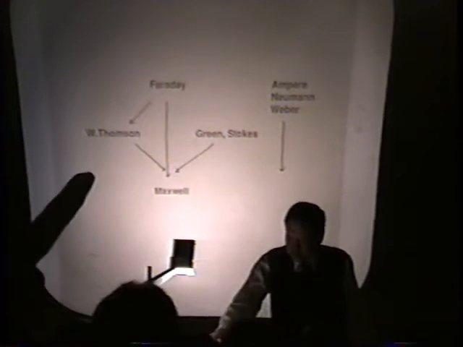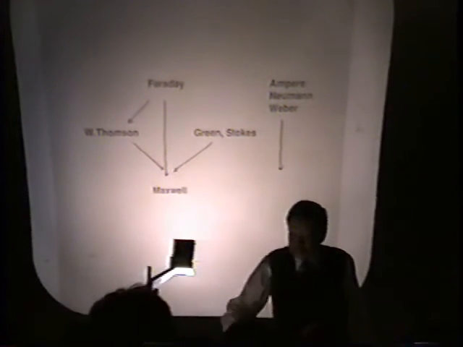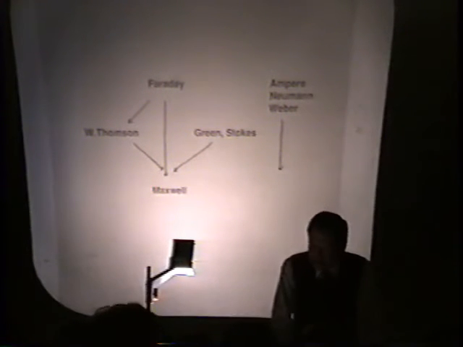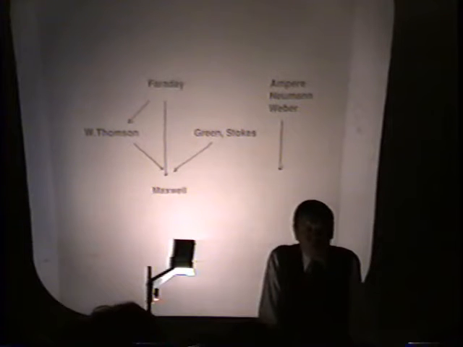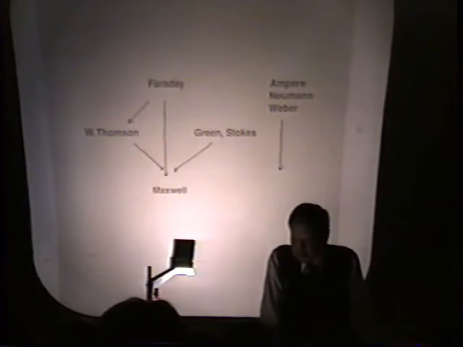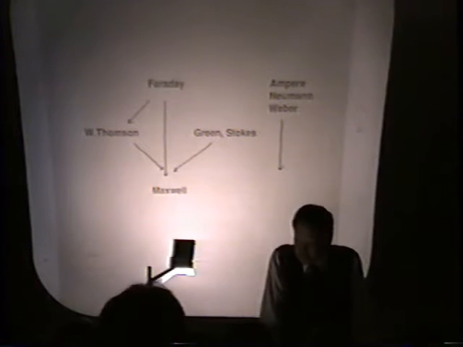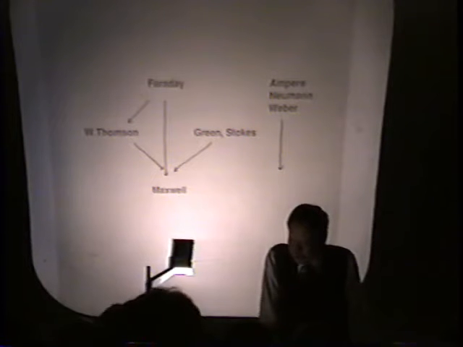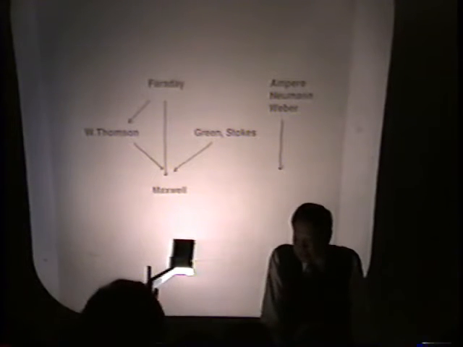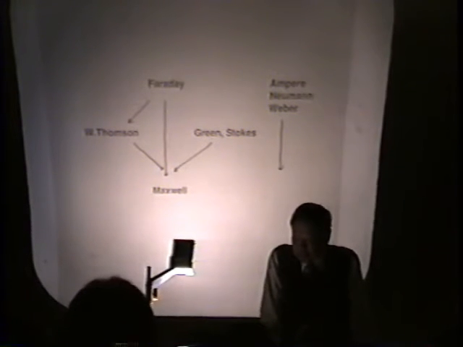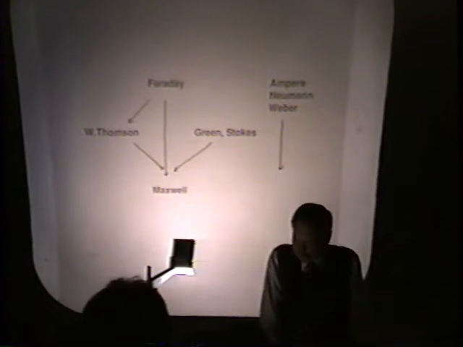And Thomson, whom I just referred to, and Green and Stokes were theorists who preceded Maxwell in various areas, including electricity and magnetism, and hydrodynamics, and so on. And Maxwell had borrowed ideas from all 3 of these theorists.